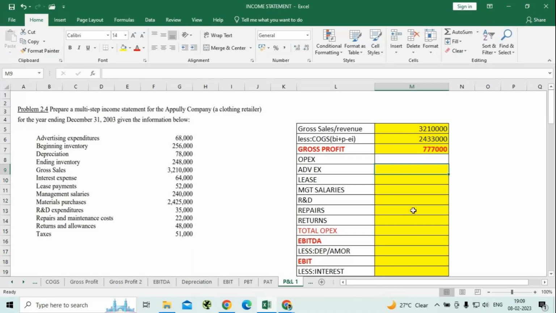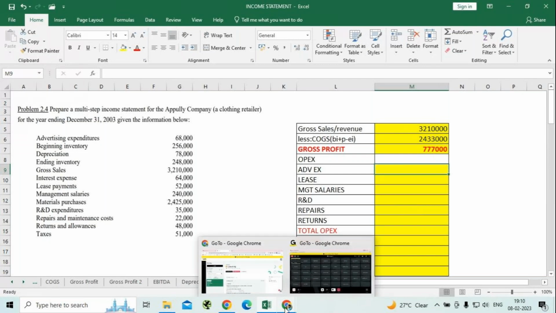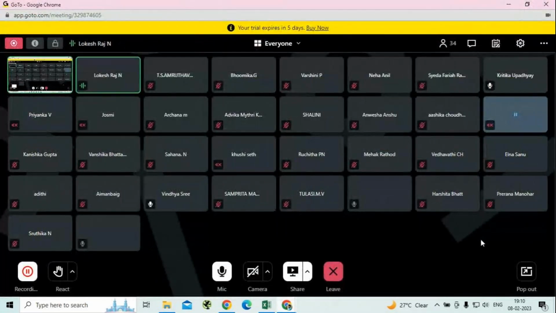Next, operational expenses. We have certain types of operational expenses like advertisement expenses, lease, management salaries, research and development expenses, repairs, and returns. What are those values? Advertisement is 68,000.